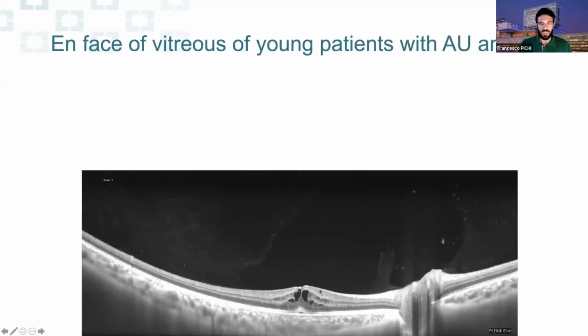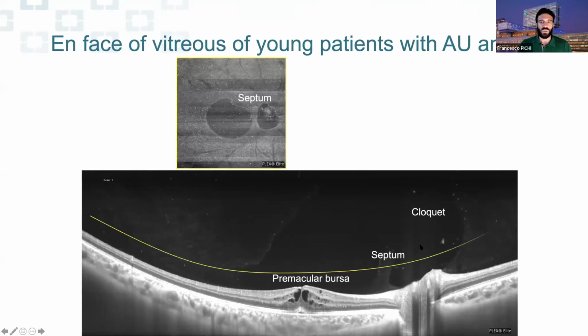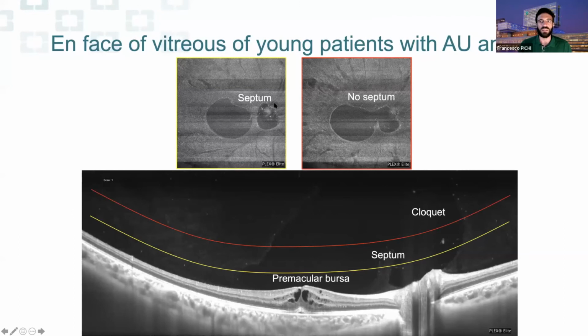And here is an example. This is a young patient with acute anterior uveitis and CME. You see the premacular bursa, you see the Cloquet, you see there's this tiny bit of septum, but a huge communication between the two areas. It's a bit tricky, because if you slice your ANFAS cake at this level, there seems to be a septum, but if you slice at this level, there's no septum.